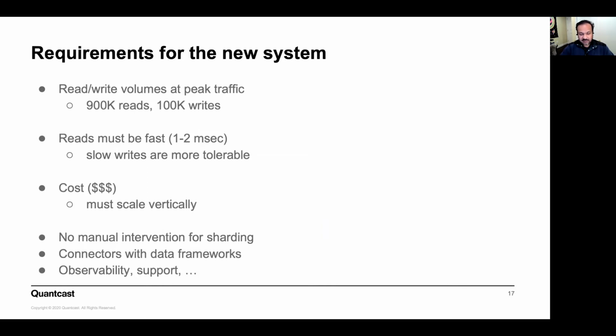We also wanted something which could support new data frameworks, with good integration with things like Spark, and we wanted good monitoring, something which would integrate well with the newer monitoring systems that we have.